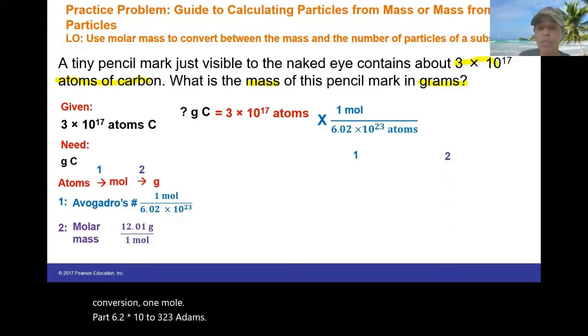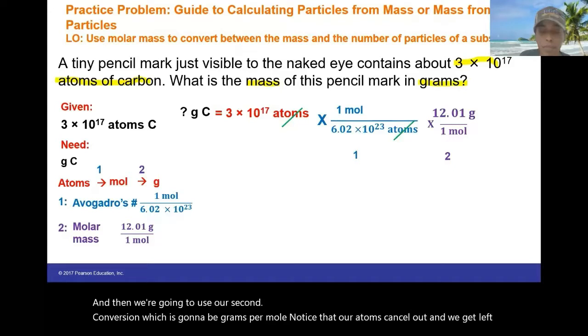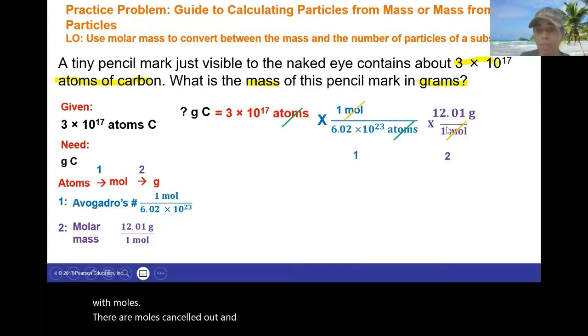And then we're going to use our second conversion, which is going to be grams per mole. Notice that our atoms cancel out and we get left with moles. Then our moles cancel out and we end up left with grams.